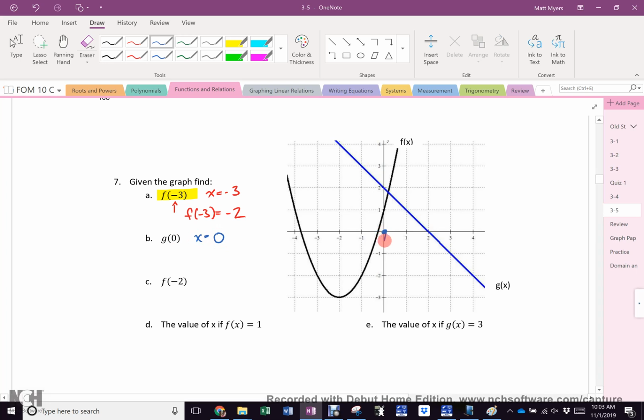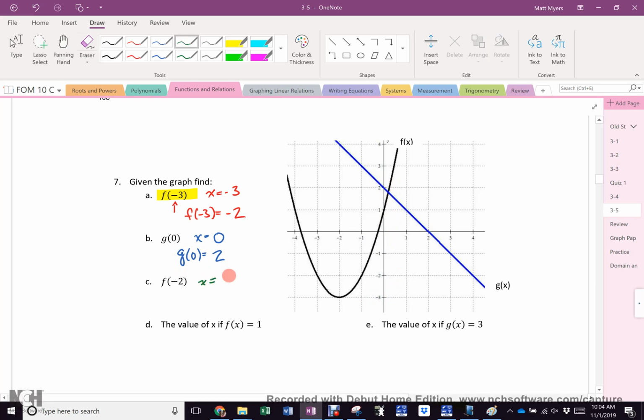Are there any y values down there? No. So where do I go? Up until I hit my line. What is it? 2. So the g of 0 equals 2. You guys try C.